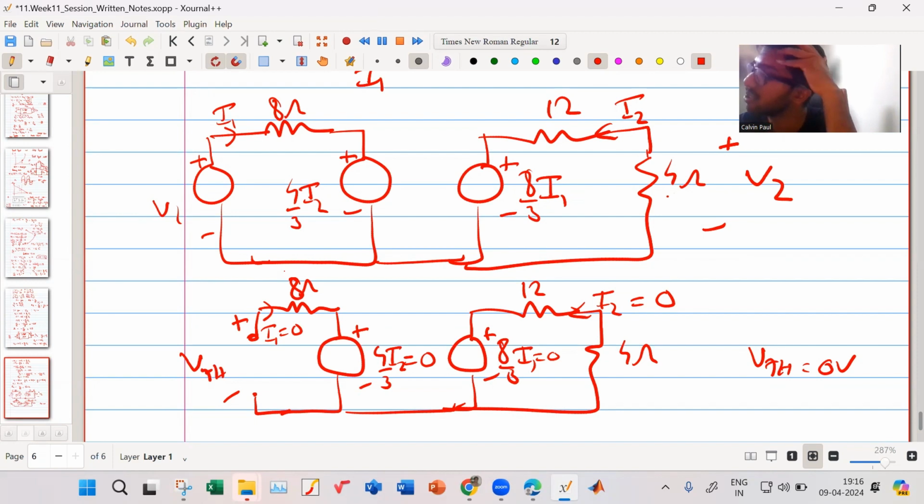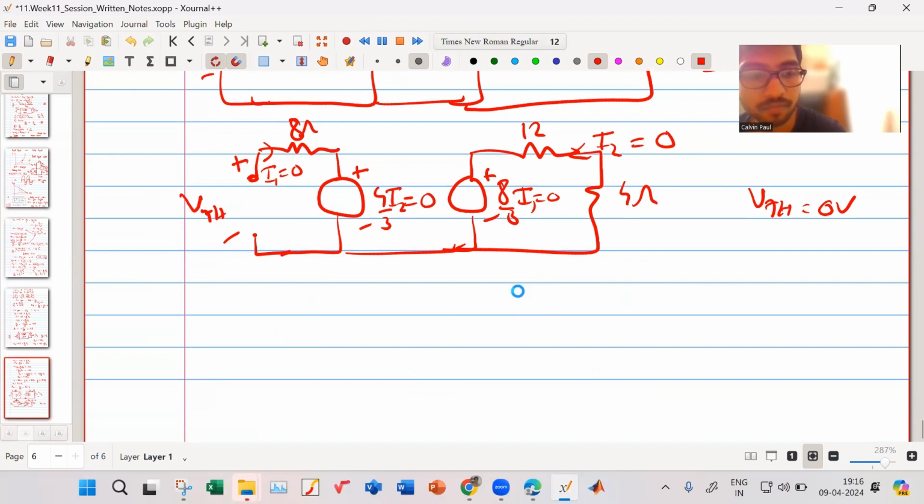You're getting VTH to be 0. If VTH is 0, then even RTH and all will be 0. If RTH is 0 and VTH is 0, then you just get V1. So that is not correct. So in this circuit, I think it is not possible to apply Thevenin's theorem here.